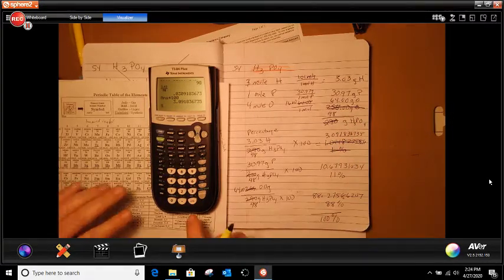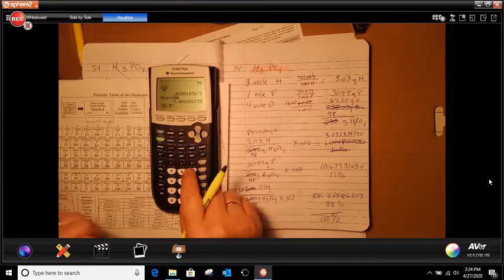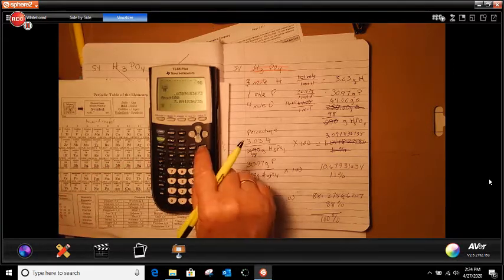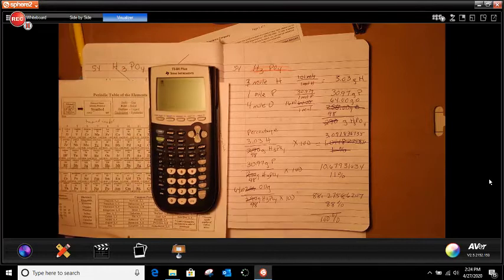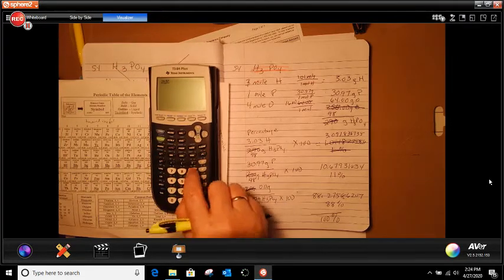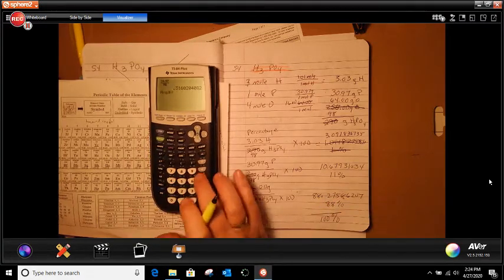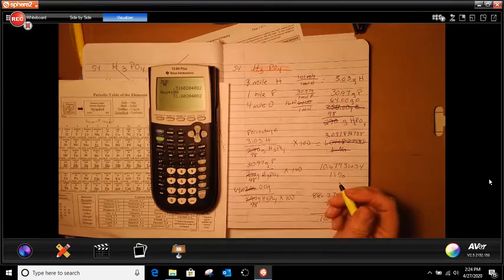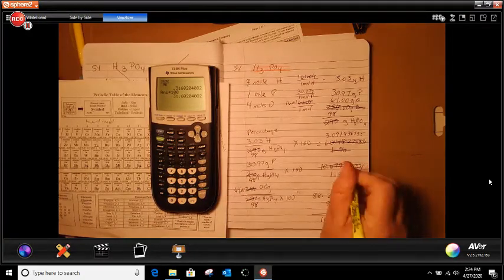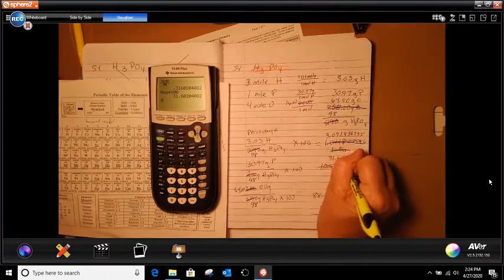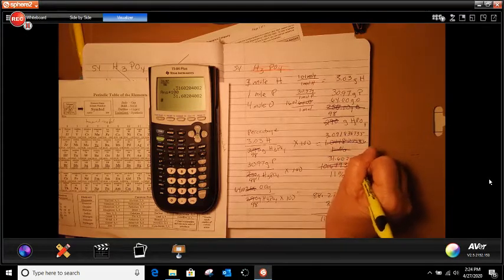And then I'm going to take my 30.97, alpha Y, enter, 30.97, and divide that by 98, and then multiply that by 100, and I'm going to get 31.6020482.